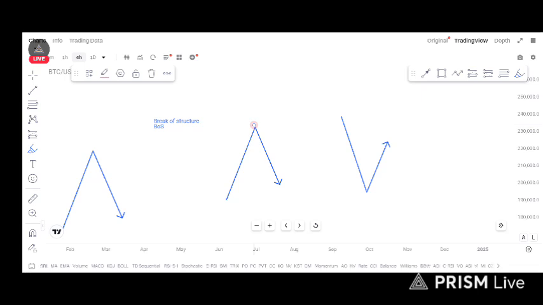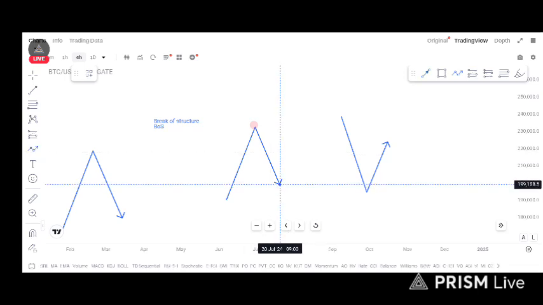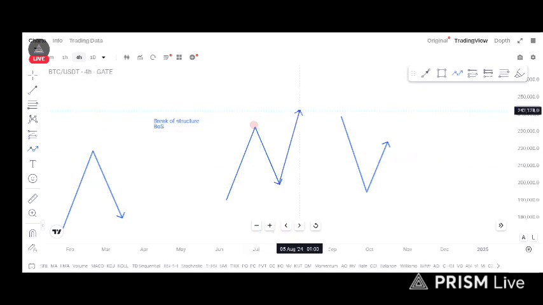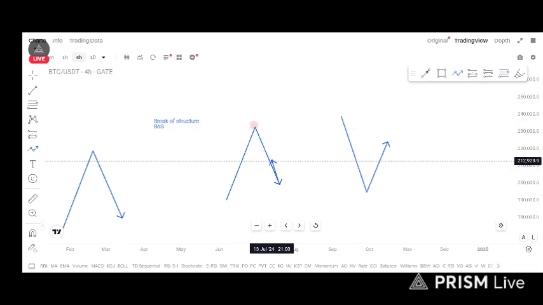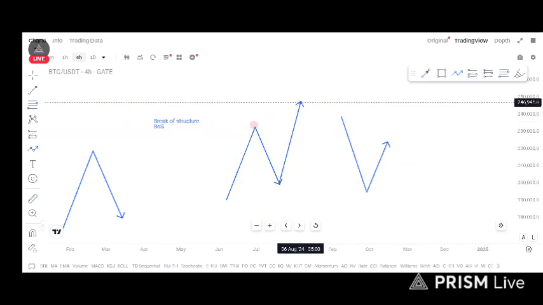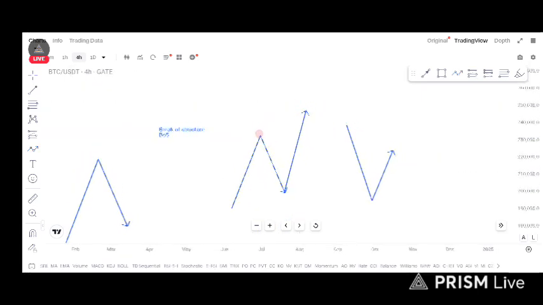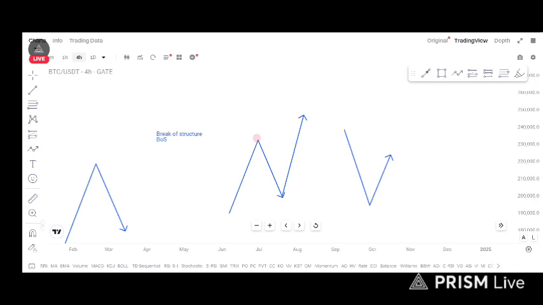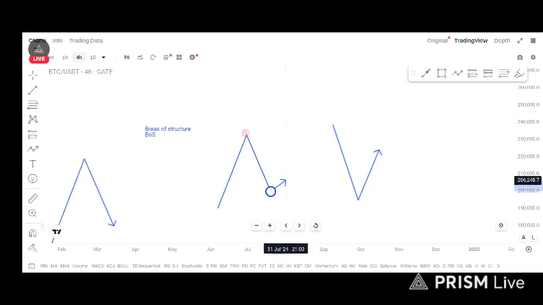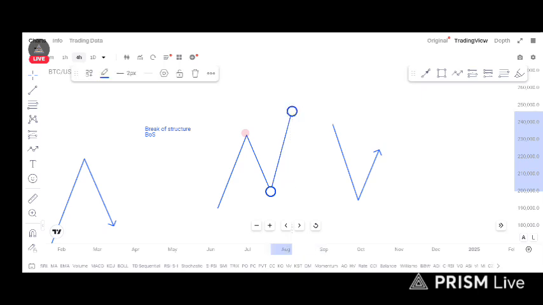And when market, after breathing in, wants to breathe out, when market moves and breaks this high, that's what you call a break of structure. When market breaks this high, that's what you call a break of structure.